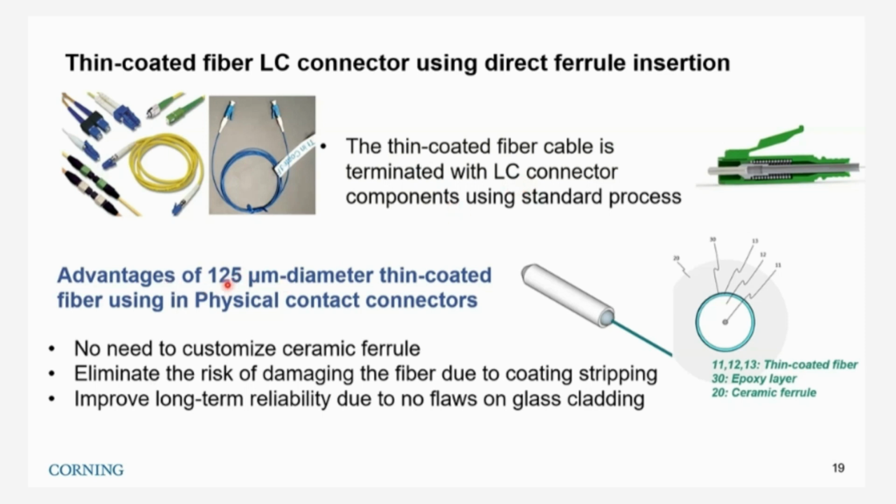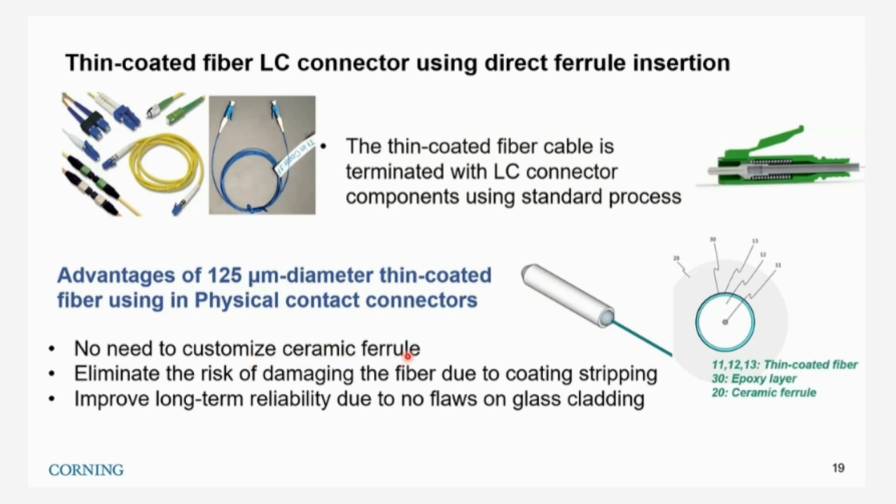For this application, we make the coating diameter 125 micron, the same as the standard glass diameter, but we reduce the glass diameter slightly, to 115. Because we don't strip the coating, the fiber with coating is like the standard diameter fiber. So we can insert the fiber with coating into the connector ferrule to make connectors.